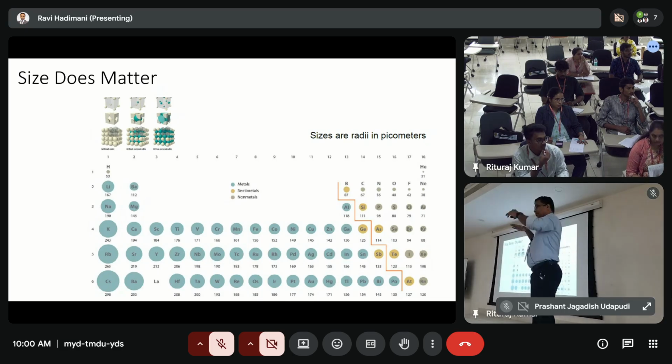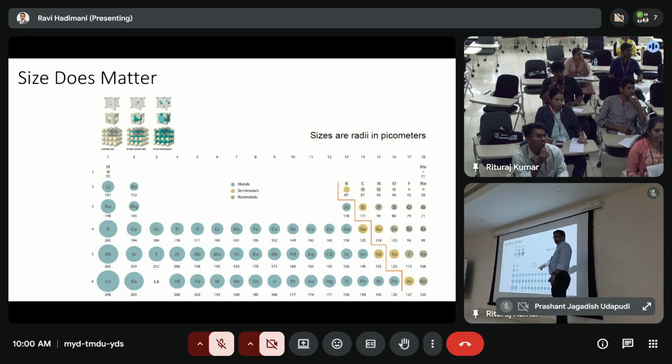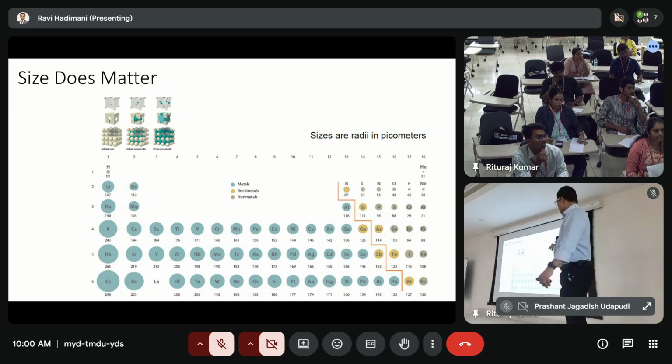Just like that, if the atom on top is much smaller compared to the larger atoms at the bottom, then you start to introduce stresses. So it's very important to match the atomic radii of the substrate to the film you are depositing.